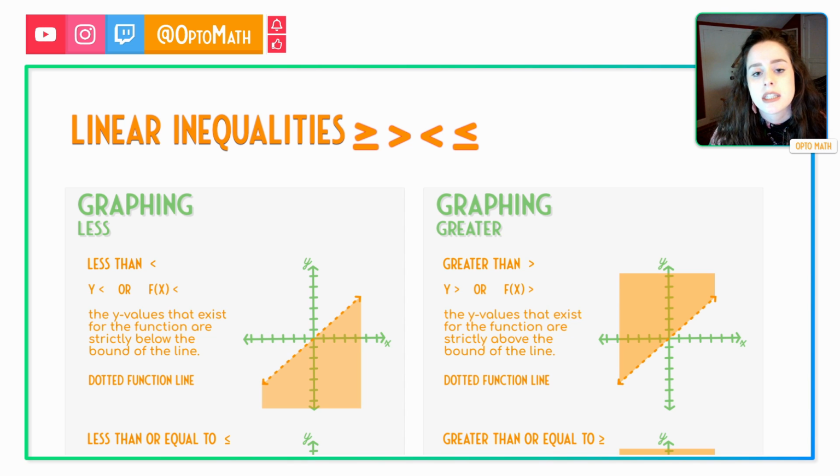Let's take a look and see what it looks like when you're graphing a less than or equal to. First, we have less than. Notice we have this symbol here to represent less than. This symbol only works in this particular direction if your y or your function notation, such as f of x, is on the left.